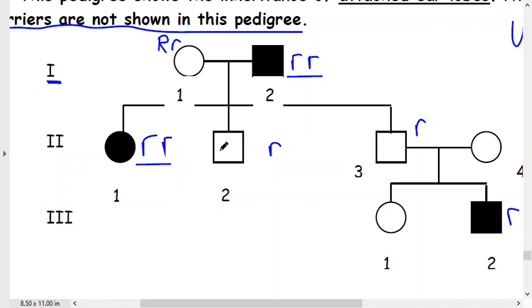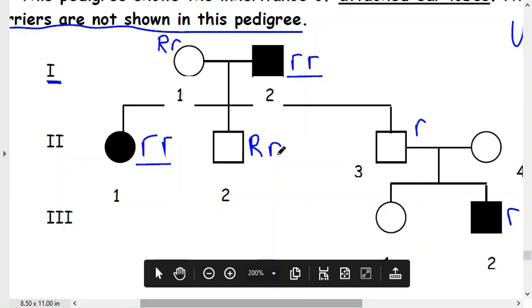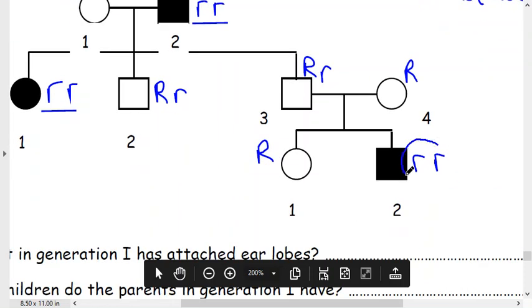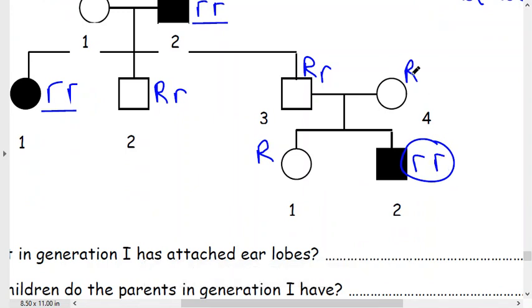And that means also that this person here must have a capital R because they're not shaded. All right, we got that figured out. Same here, not shaded, so must have a capital R. These two, again, not shaded, so they must also have at least one capital R. But since this person is homozygous recessive, the mom right here must have had a lowercase r, a recessive allele, to give.